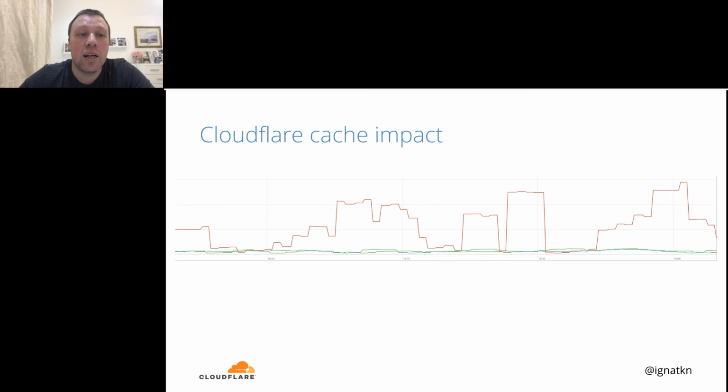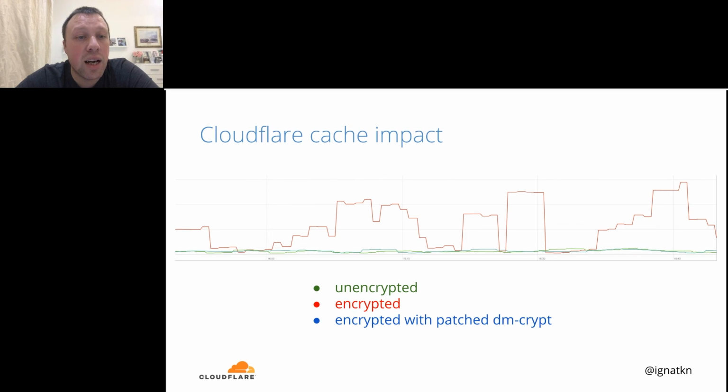Another interesting thing is our service impact of our change. So here we did a three-way comparison of the 99th percentile response time of a service which is responsible for fetching a cached asset from our CDN to a customer. And here you can see that the green line is the server which has an encrypted disk.